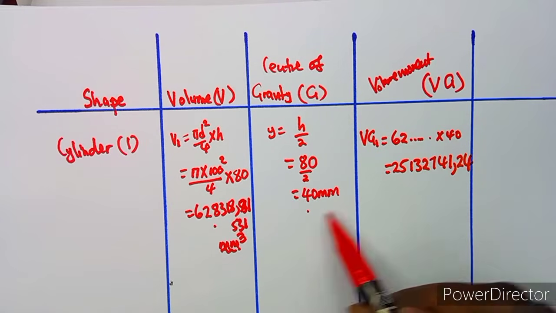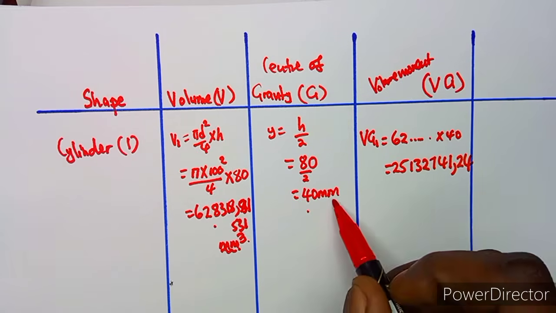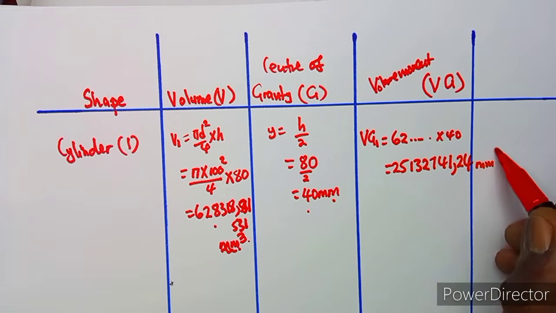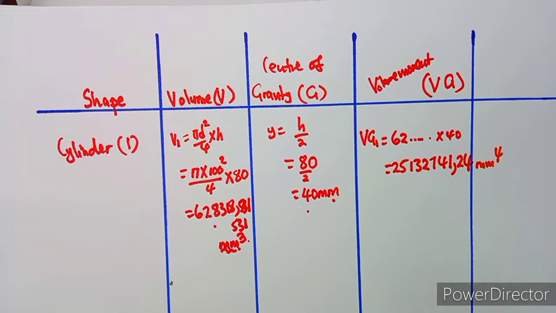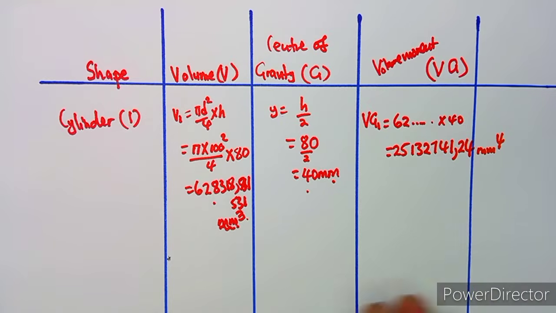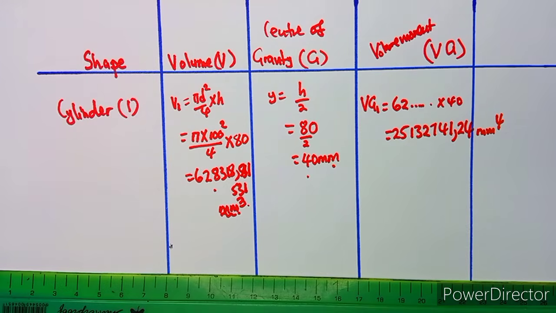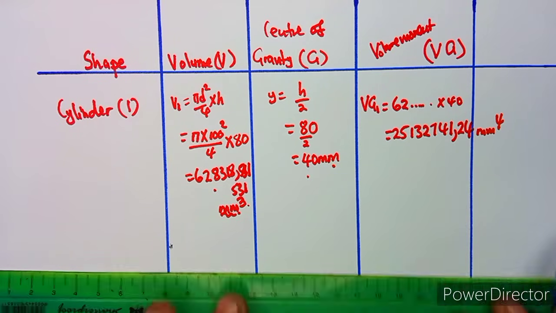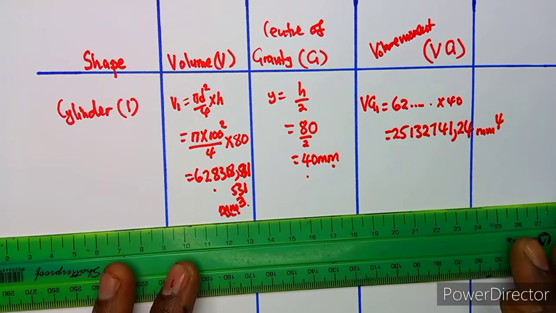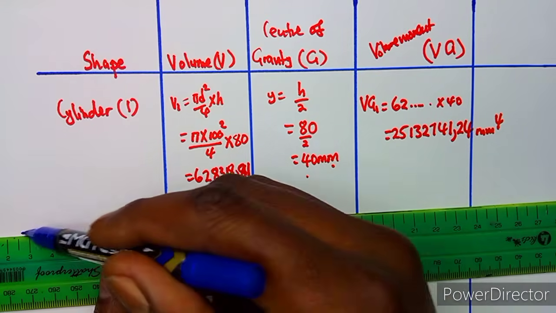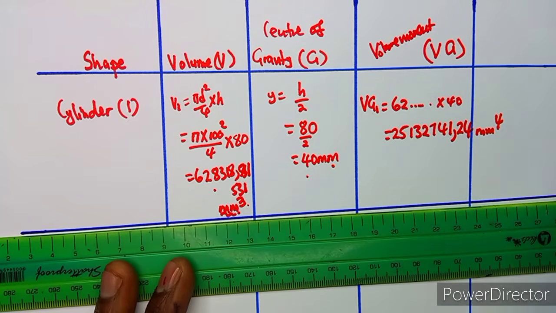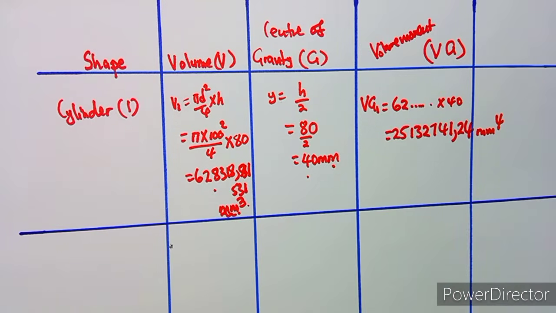This is in millimeters cubed times millimeters, so millimeter to the exponent of 4. So that is the first shape that we had, and the second part is just going to be like that, but the center of gravity is now going to be affected. I'm just going to show you how it is going to be affected. All right, so this is the first part that we had.